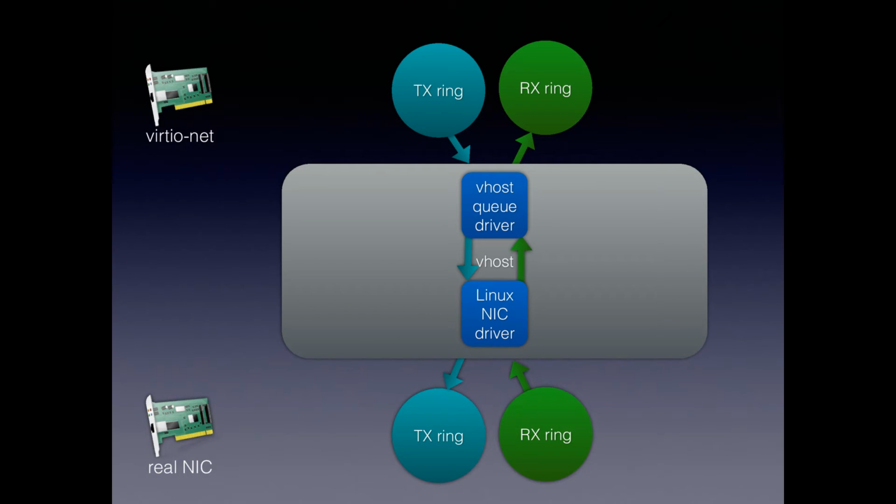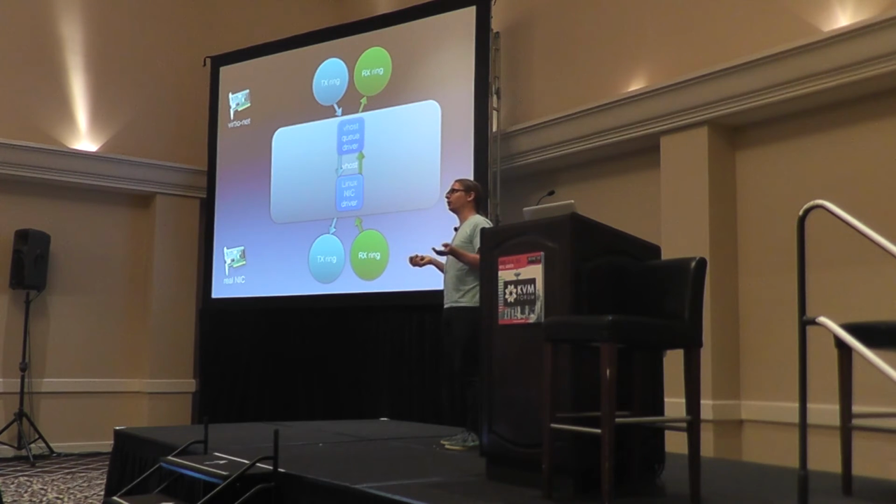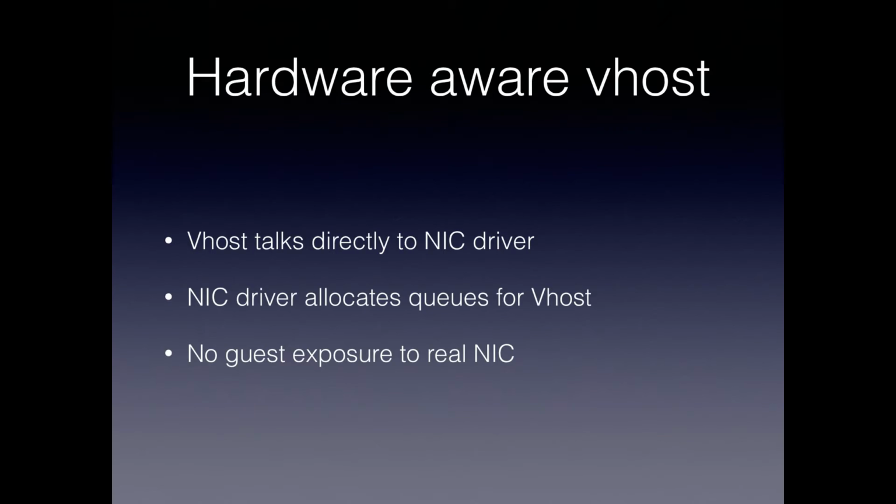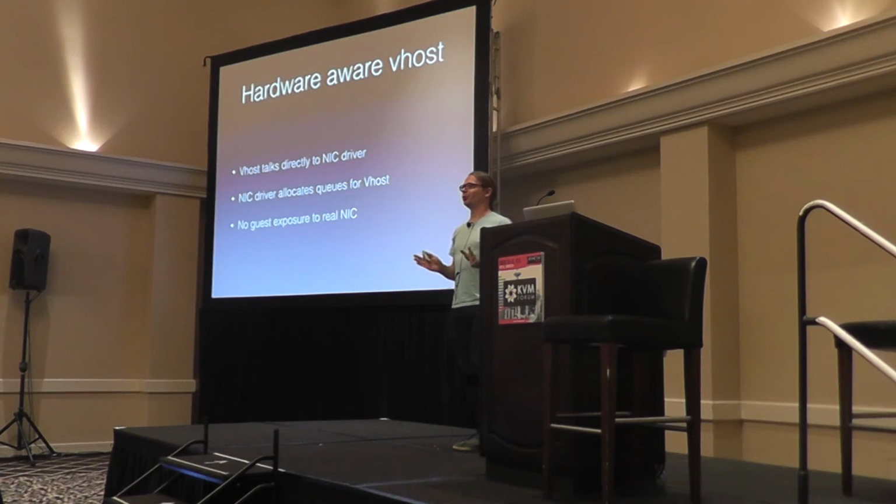You could even have improvements in the NIC driver, say, an I40E VF NIC driver on the host that would allow you to pass that adapter directly into vhost. They would talk to each other. vhost would say, hey, I have a new receivable item, convert it into whatever the hardware thinks packets should go to, and you could directly write packets into the guest too. I haven't been able to prototype it. If anybody wants to beat me to it, I'd be more than happy to see their code.